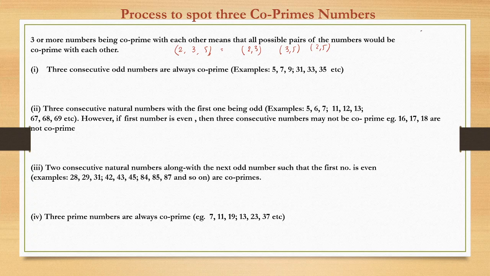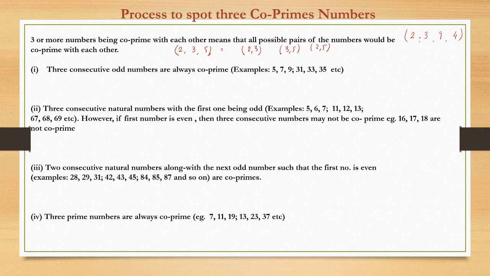Similarly, if we have a quadruplet wherein, suppose we have 2, 3, 9 and 4, is it co-prime? Let us check. Though the HCF of the four numbers would be 1, here we will not apply that concept of HCF.